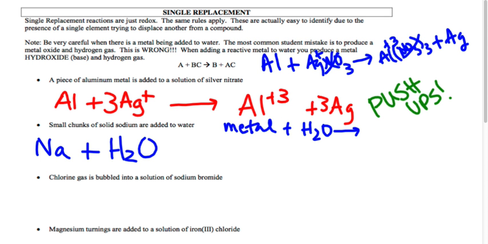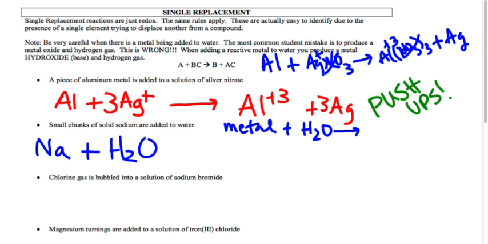If you miss a problem of a metal plus water from here on out, you will do push-ups. It's an important reaction, and looking at it and knowing it's single replacement, we can't bust that up because it's a liquid. My question is, what do you think the big student mistake is in this one?